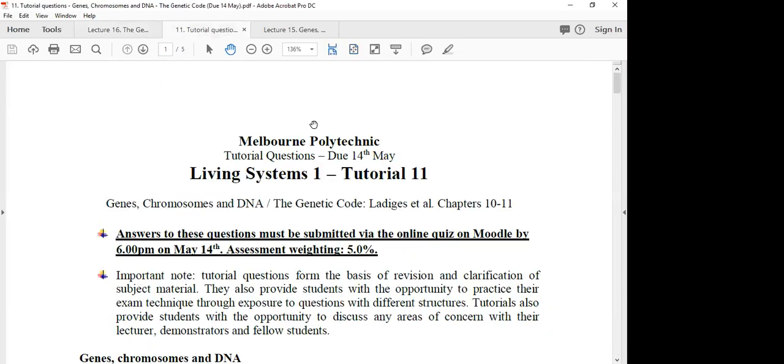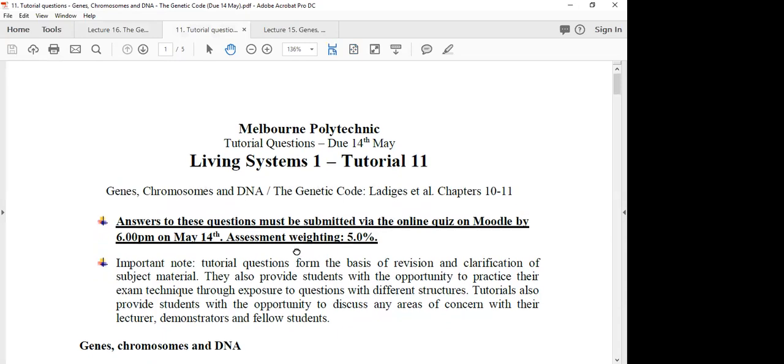There it is. Yes, this is the last assessed shoot, due next Monday at 6 p.m. Assessment weighting of 5%. And then we'll have one final set of tute questions, which will be based on the last two lectures.